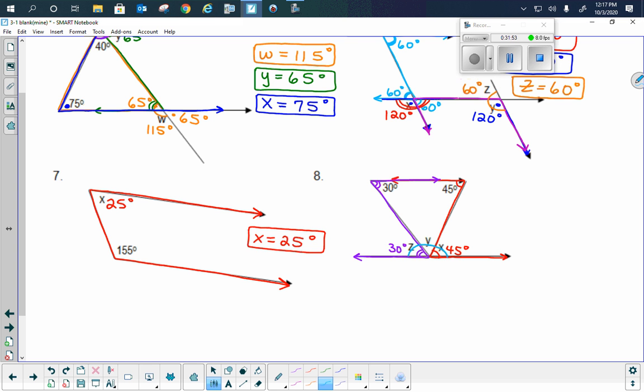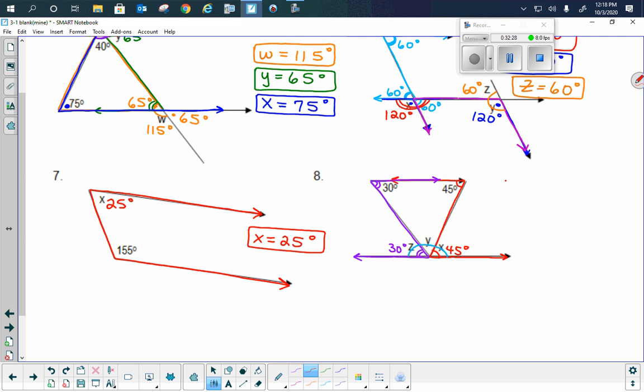That's the same thing you would get if you were using that triangle. So either way, you should be getting that y equals 105 degrees.